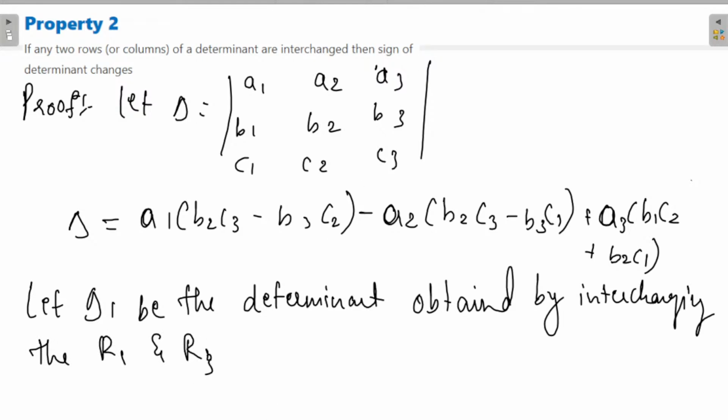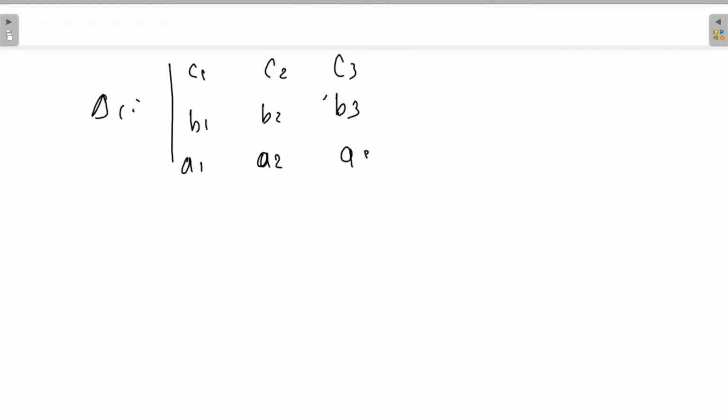If I interchange R1 and R3, I'll get delta 1 to be C1, C2, C3, B1, B2, B3, A1, A2, A3. This will be our delta dash, or delta 1, you can say either.